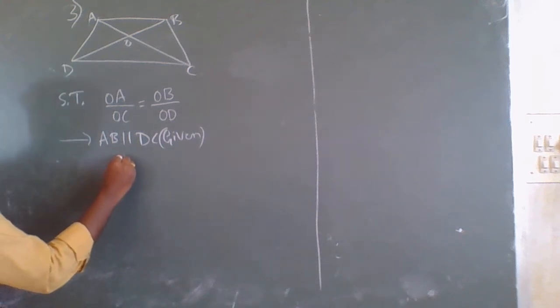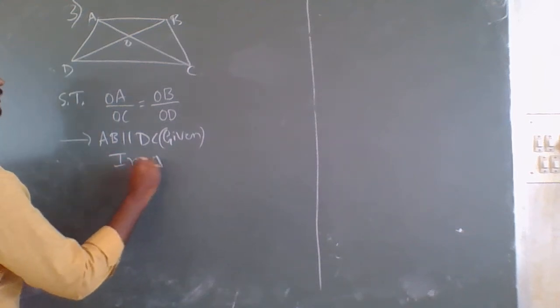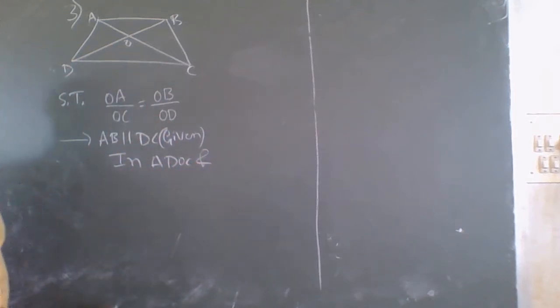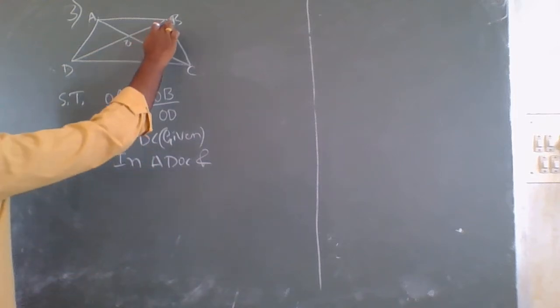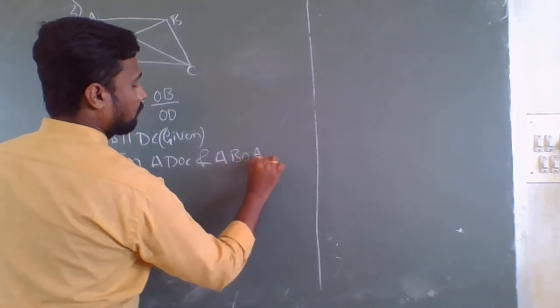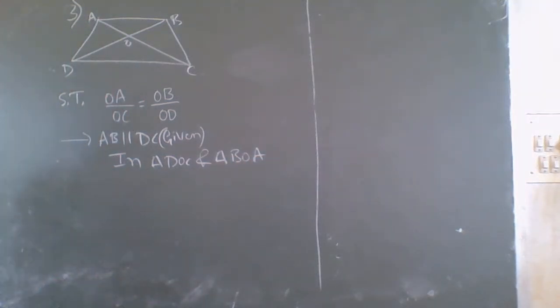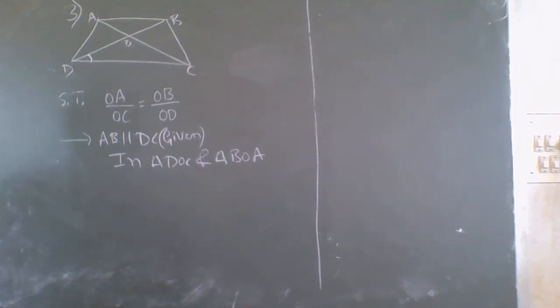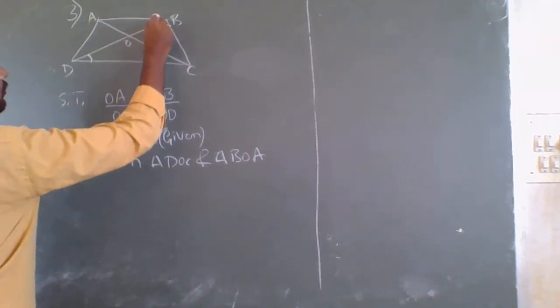So here angle CDO in these two triangles, this angle CDO, is equal to angle ABO.